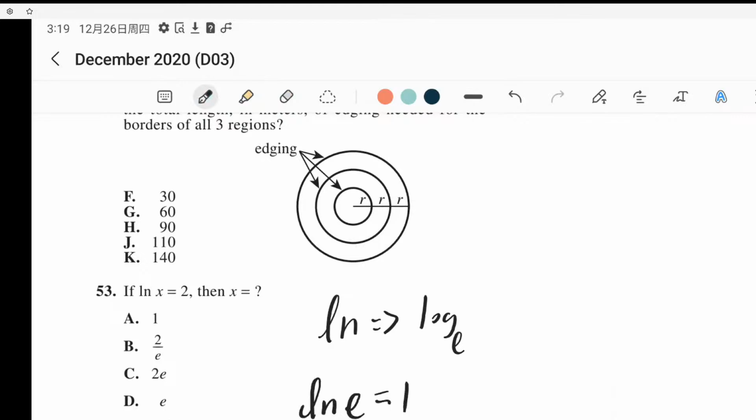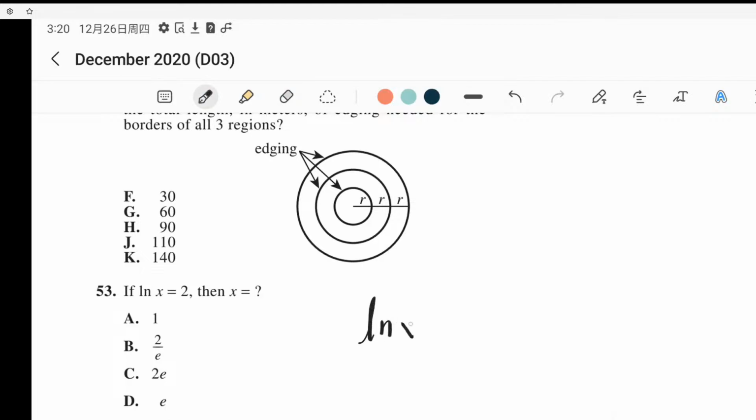So now let's solve the problem. Natural log of x equals 2. What is x? We can rewrite this as logarithm base e of x equals 2.